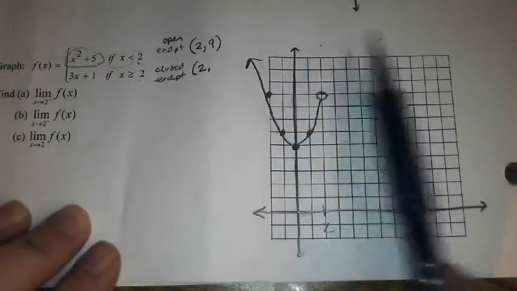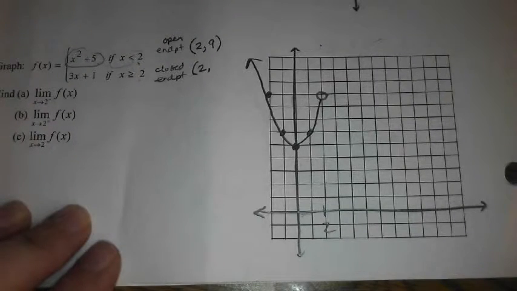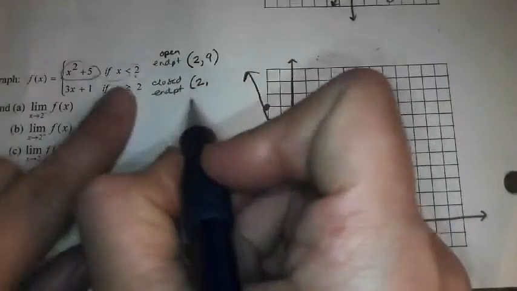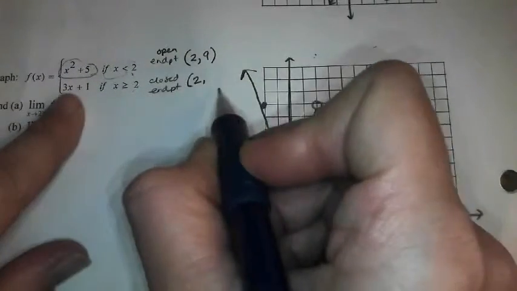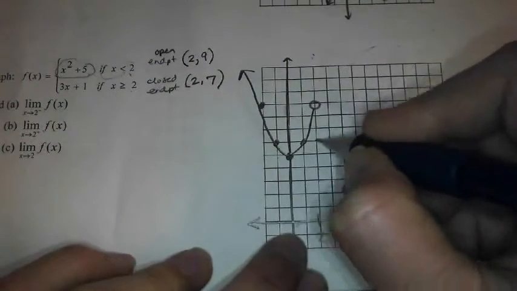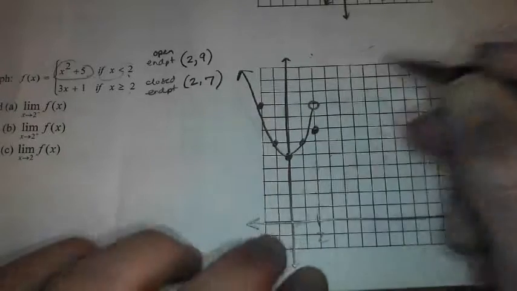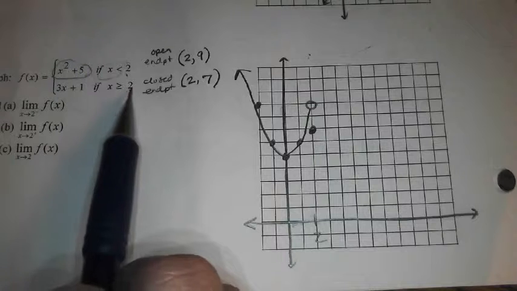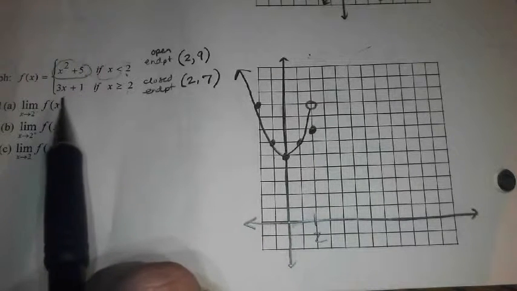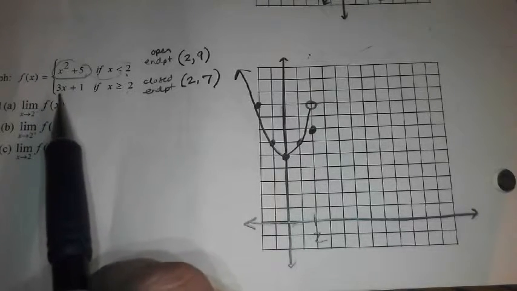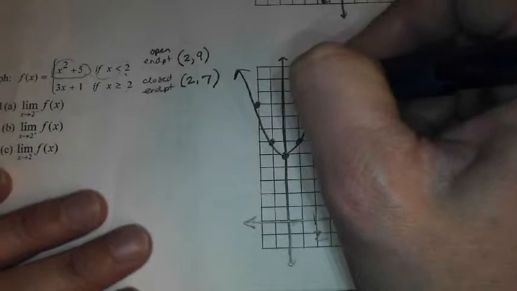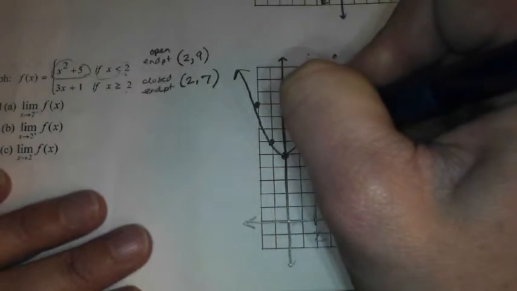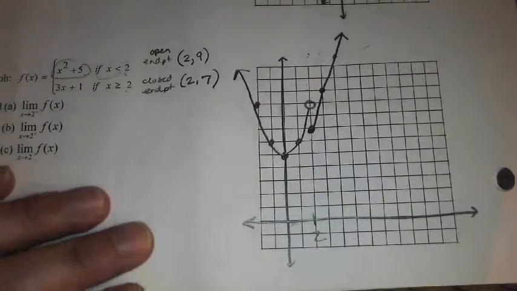And then the next one is going to be greater than an x of 2. Follow? Gotcha. So this closed endpoint is at 2 comma what? 7. And then you could plug in a 3 and a 4 and a 5 and a 6 and get numbers. Or you could use your knowledge of lines and how they work. The slope is up 3 over 1, right? So however you do it, I don't really care. You can just see that the rest of your graph is going to look like that.